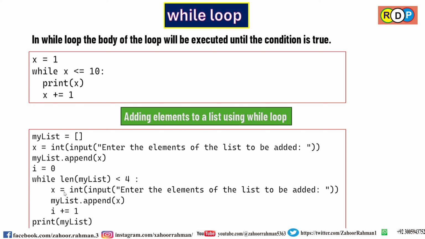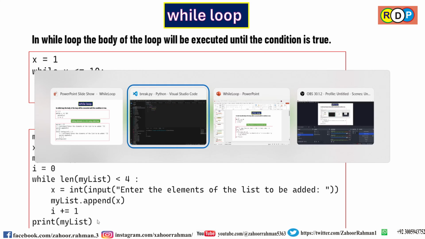So the body of the loop will be executed until the value of this condition is true. It will assign the value to my list, but it will not print at the end. When this condition becomes false, I want to print the value of my list, and that is here.